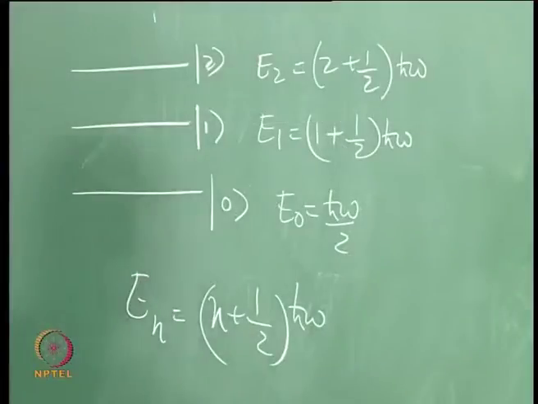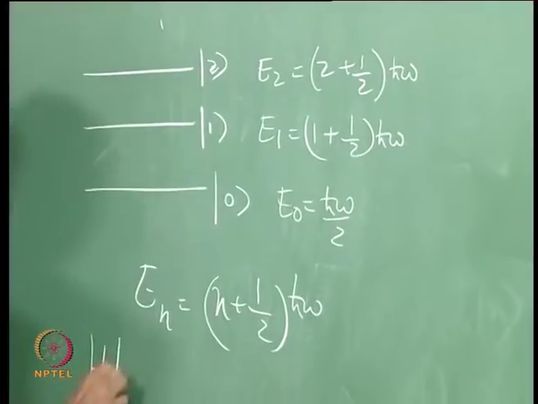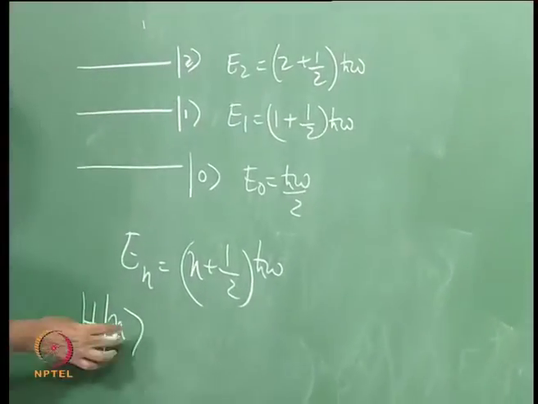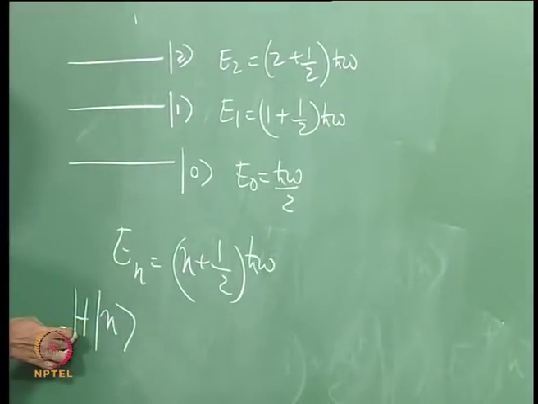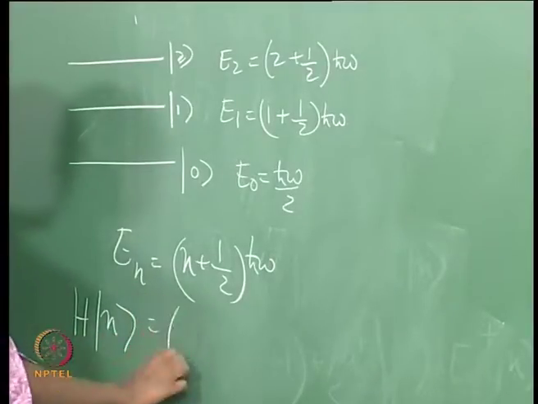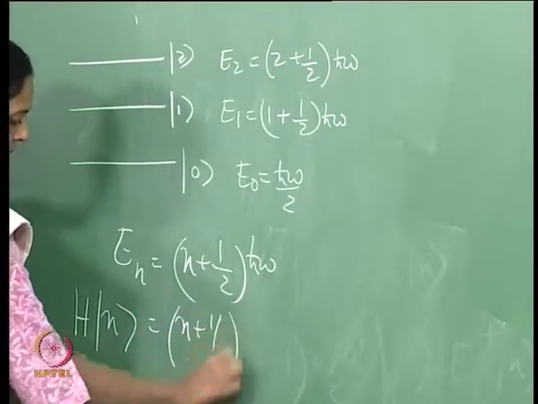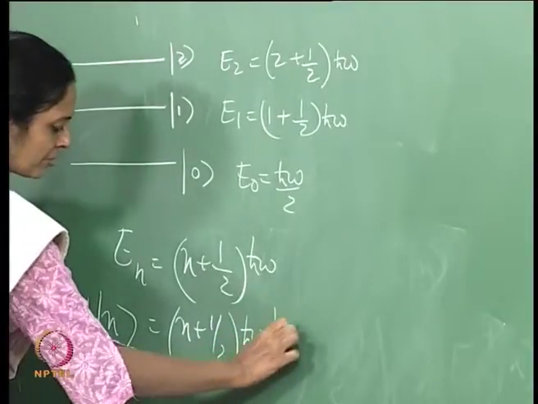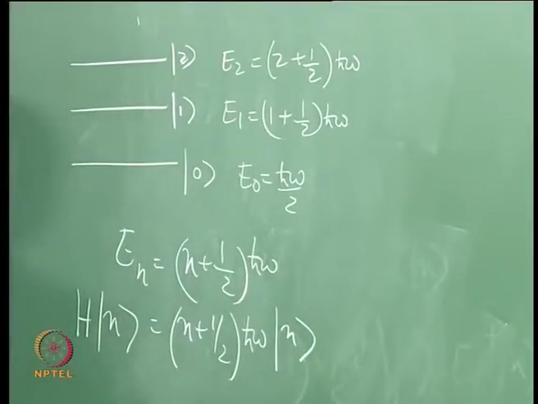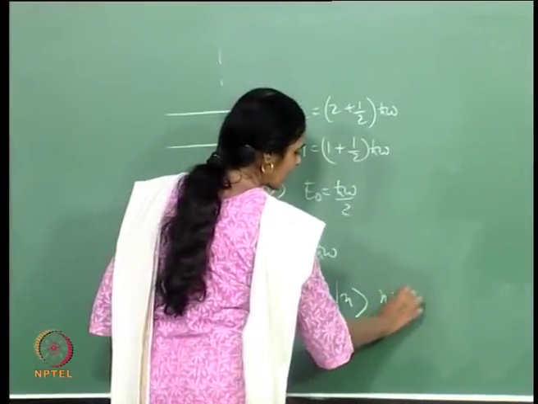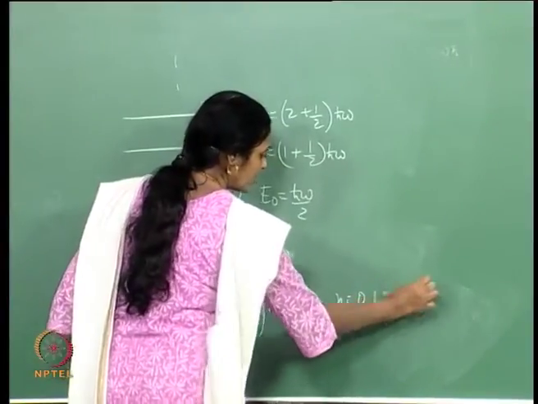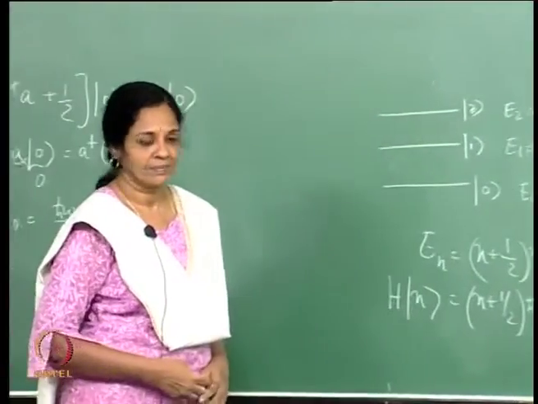I can now write down the eigenvalue equation. Ket n is an eigenstate of the Hamiltonian with energy value n plus half h cross omega, and n takes values 0, 1, 2, 3 and so on.